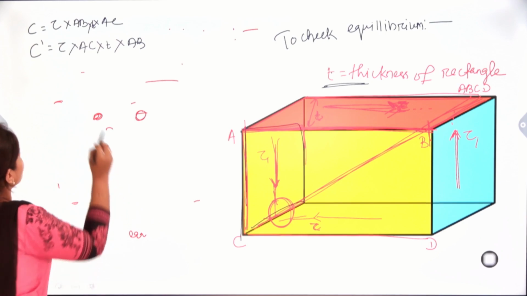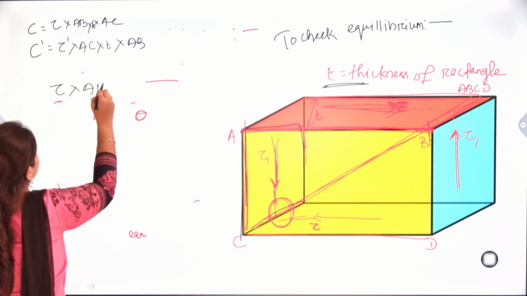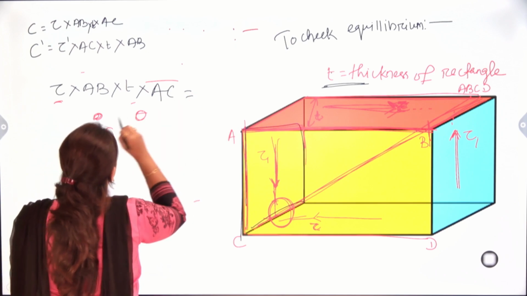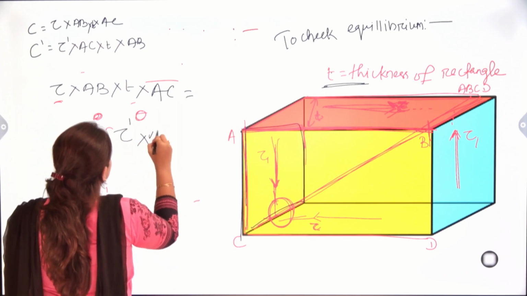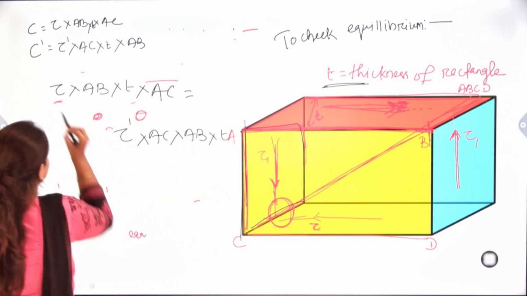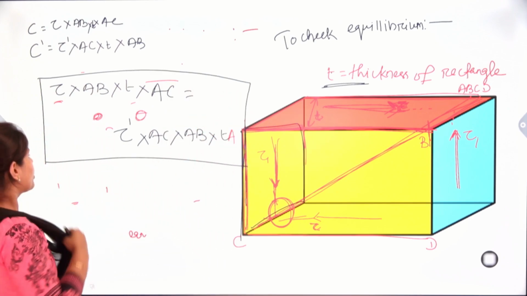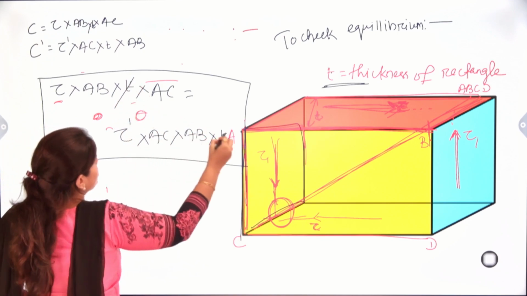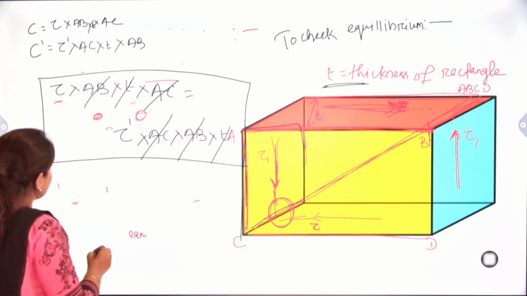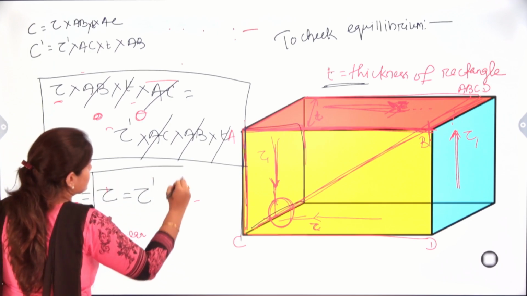To check the equilibrium condition, we equate them: tau into AB into AC into T equals tau dash into AC into AB into thickness. Here is the equation we have. We can cancel T with T, AC with AC, AB with AB. Now we have tau equals tau dash.